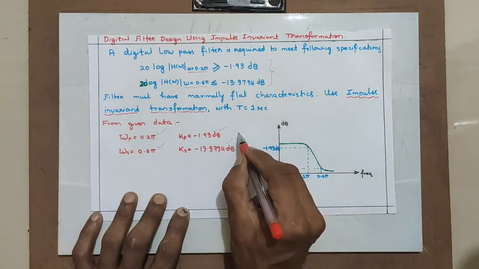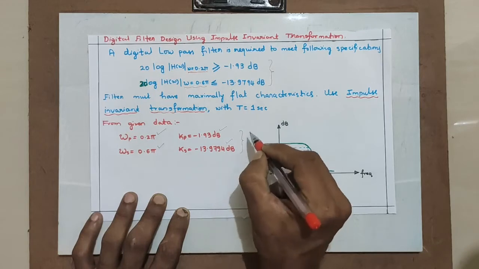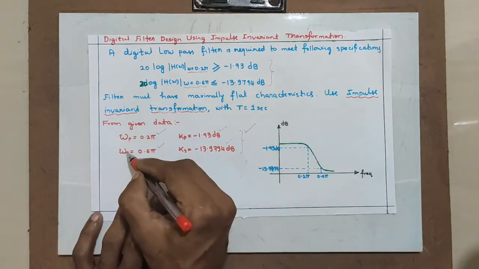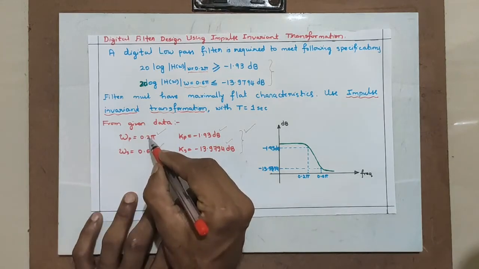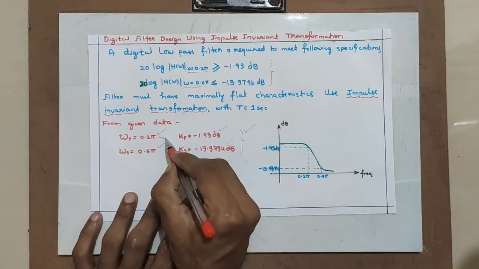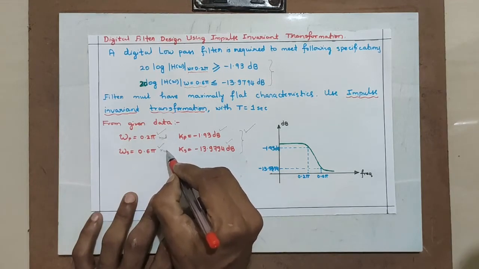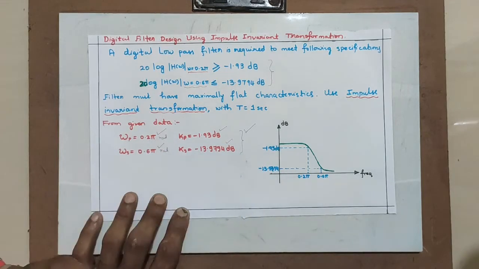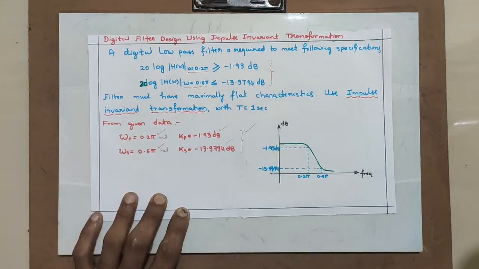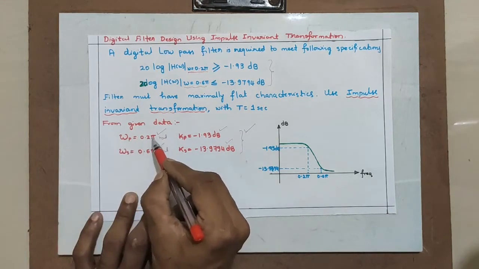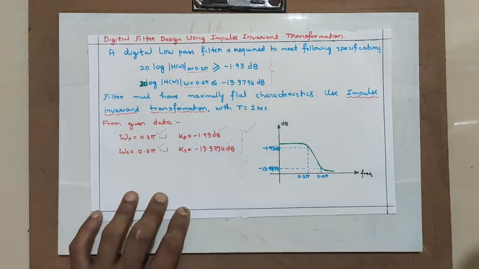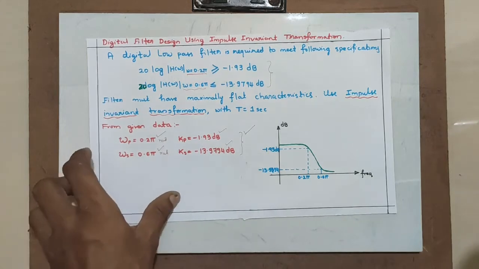Now omega p and omega s are in the digital domain, 0.2 pi radians and 0.6 pi radians, given as W values. I shall call it W in the digital domain, W as 0.2 pi radians. Once you recognize these four data, let us start solving this example.